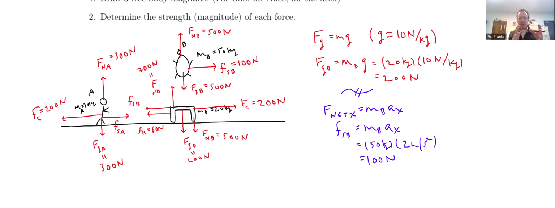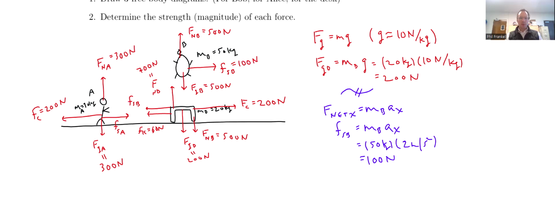Think about that. F net equals ma. So Bob, with a 50 kilogram mass, has an acceleration value of 2 meters per second squared. And that tells me the net force on Bob is 50 times 2, which is 100 newtons to the right. As there is only one horizontal force on Bob, that must be 100 newtons.